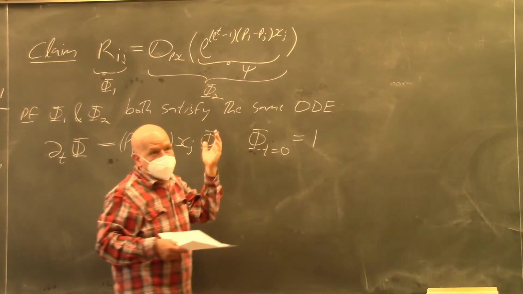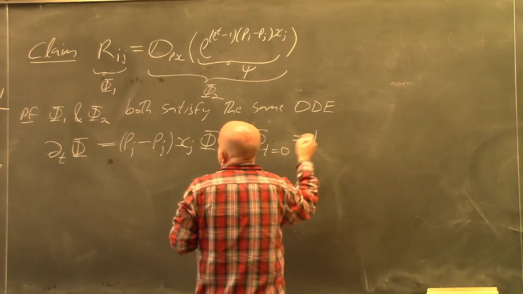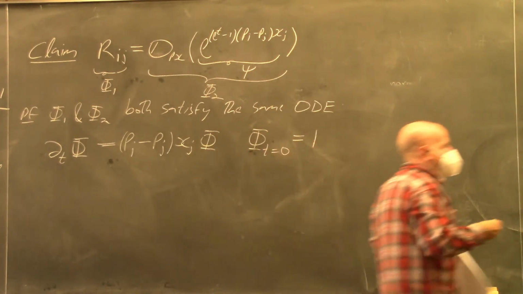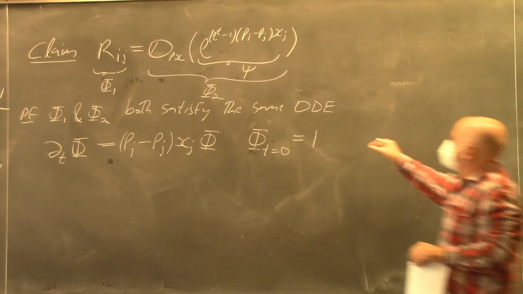Well, it works. So the fact that phi 1 and phi 2 both satisfy this, check marks should be with green. Okay. So this is easy.